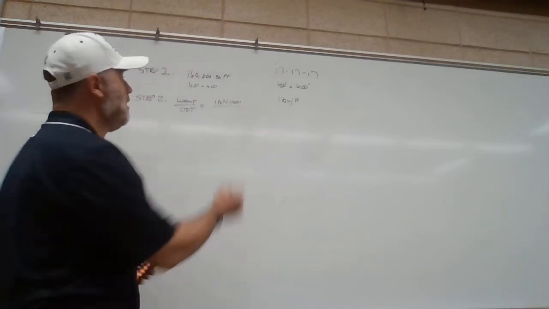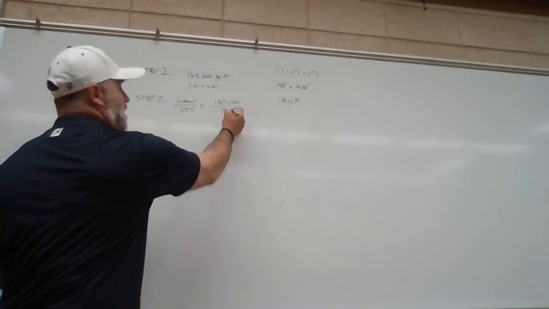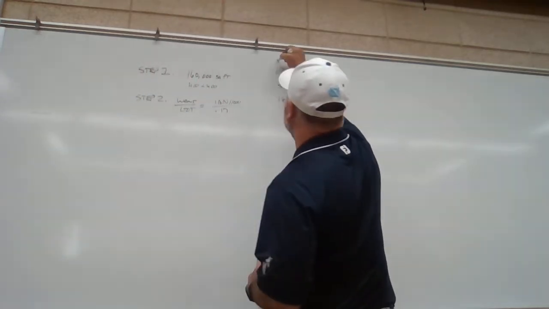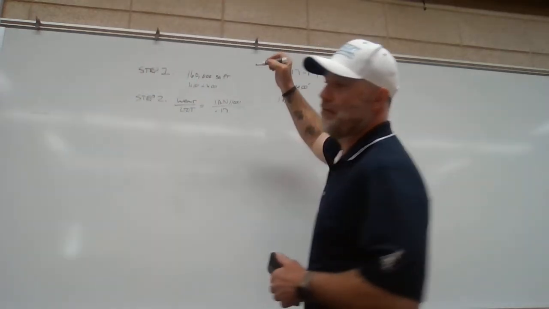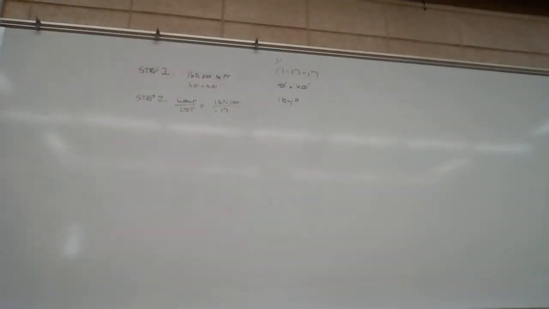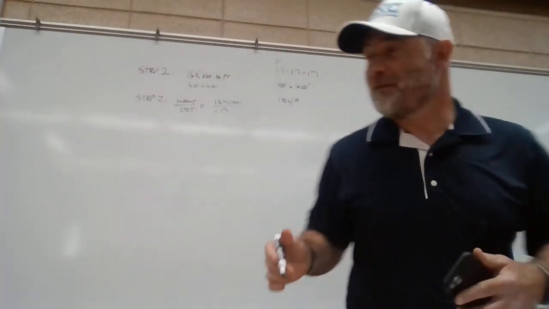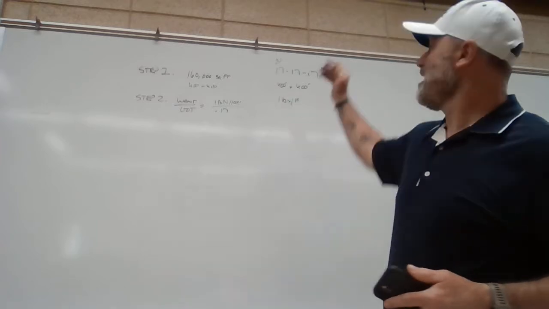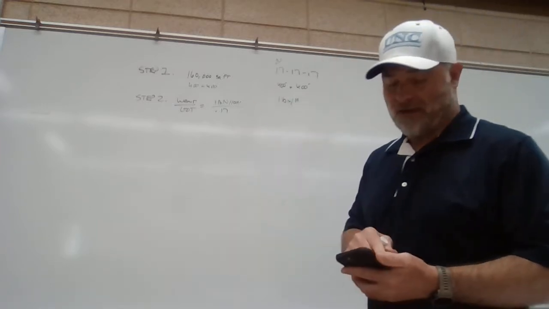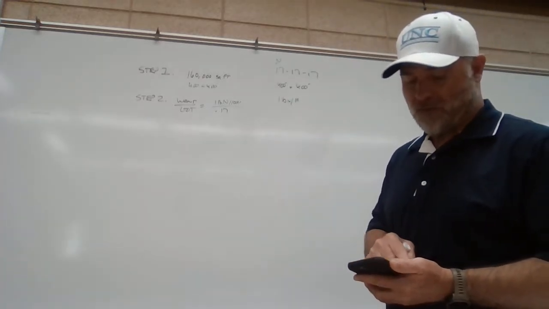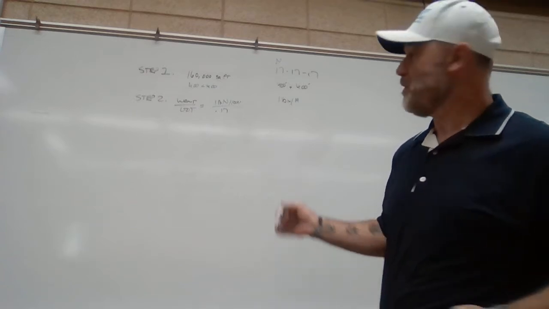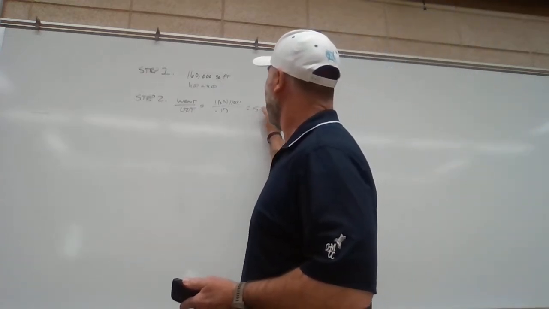What do I have? 0.17, getting that from the bag as a percentage, 0.17. So 1 divided by 0.17 equals 5.8 again.